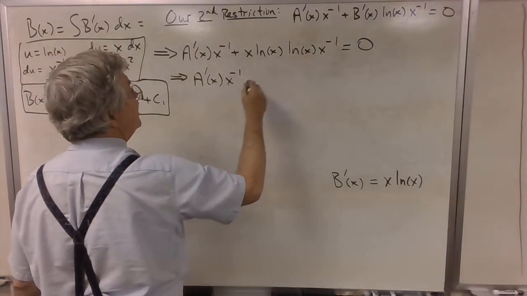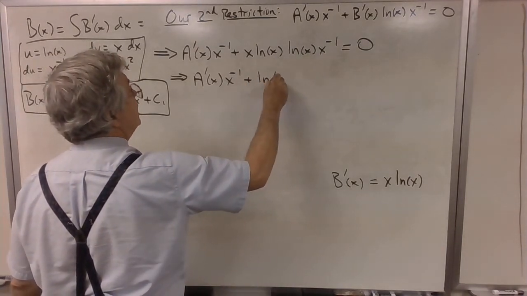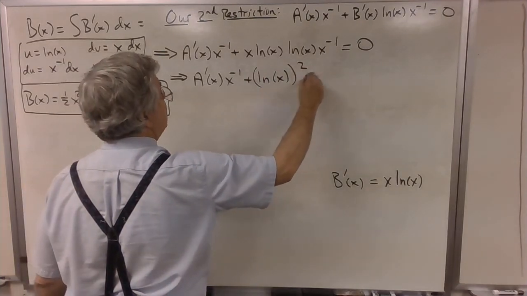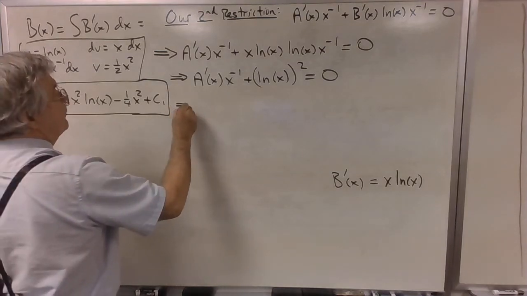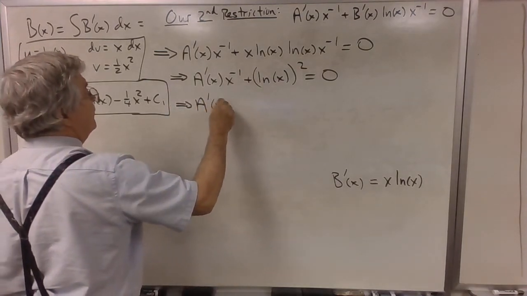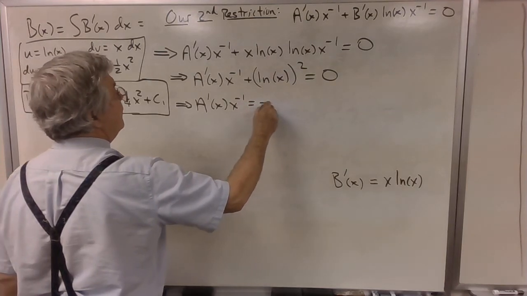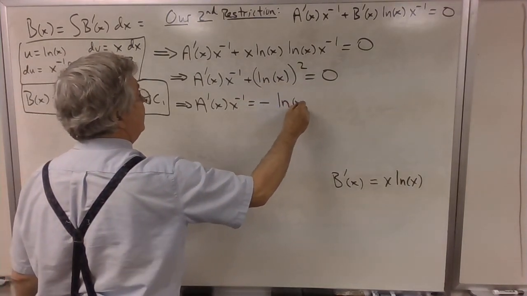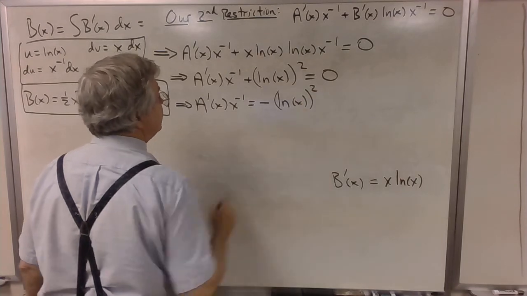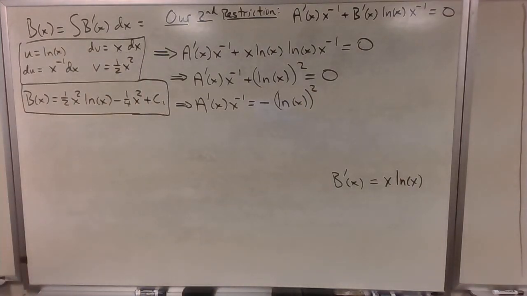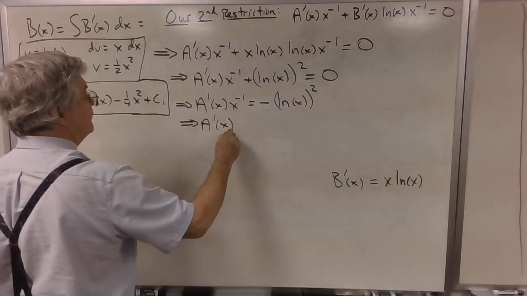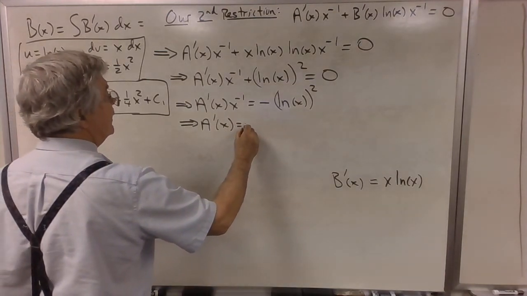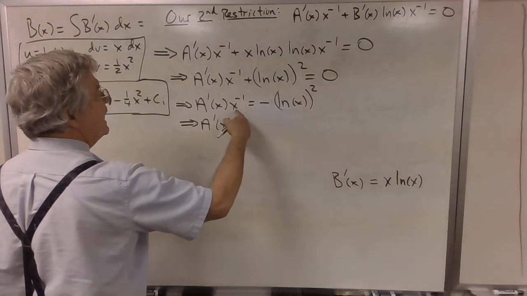This is natural log of x squared. Multiply both sides by x.